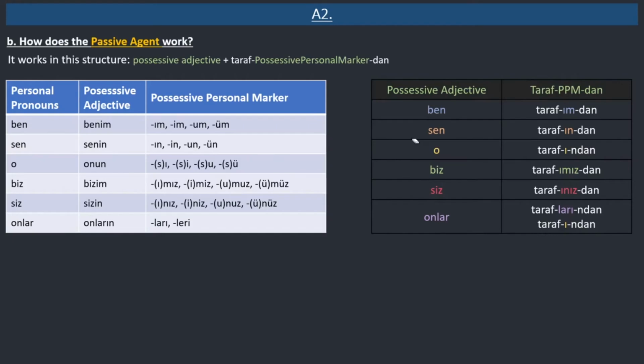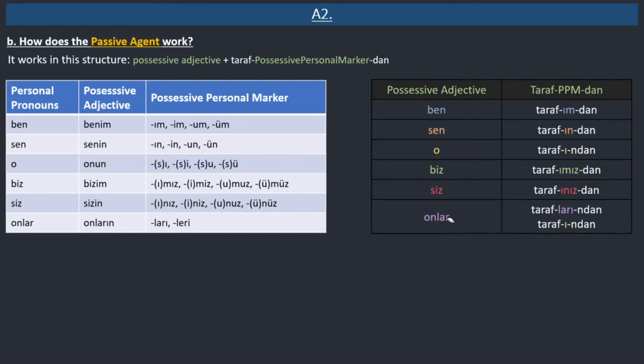The same endings. As I said, taraf means side. So my side, your side, his or her side, our side, your side, again about the plural or formal, their side.